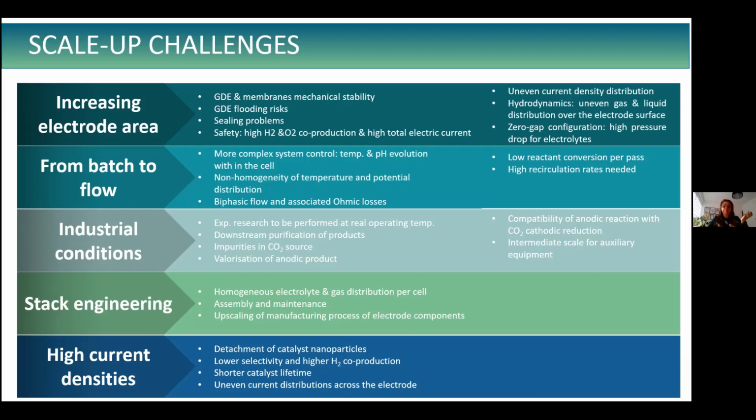Or perhaps the catalyst lifetime is shorter, since if we are increasing the current density, the nanoparticles that we normally have in the catalyst can detach because of the harsher conditions we are putting them through. So it's also important to consider all these aspects during the scale-up process.